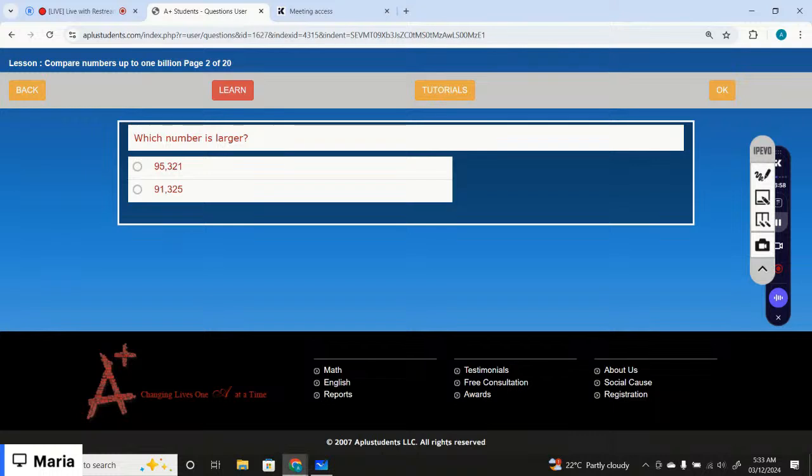Which number is larger, 95,321 or 91,325?